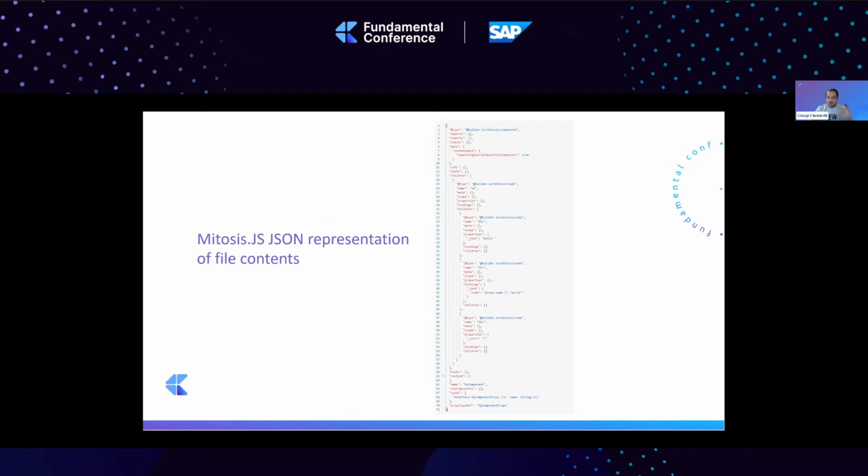So if we look at the Mitosis.js JSON representation of file contents, it's fairly easy to digest. Just looking at this, you probably already understand what's going on in here and how the end component would look. Like we have a declaration of the component, right?